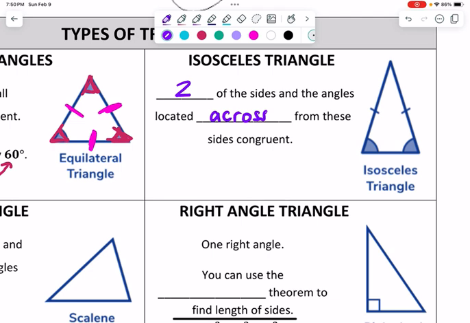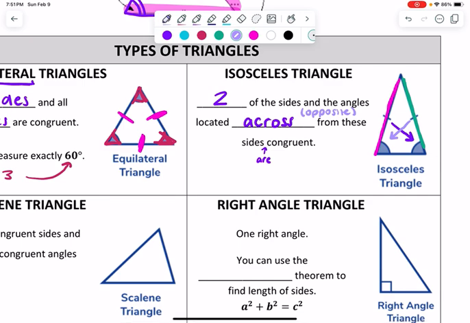Here I have one side and the angle across from it, or sometimes we say angle opposite from it, is this one. Here I have the other side that's congruent to the one I've highlighted in pink, and the angle across from it is this one. Sometimes we say across, but I'm also going to write in opposite, because this is the language that we'll use primarily next year when we talk about some cool triangle stuff.